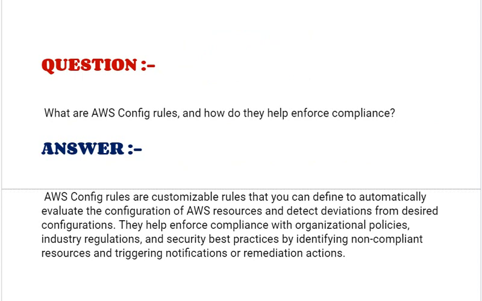Our interview question based on SysOps Administrator Associate is: what are AWS Config rules and how do they help enforce compliance? Your answer should be: AWS Config rules are customizable rules that you can define to automatically evaluate the configuration of AWS resources and detect deviations from desired configurations.